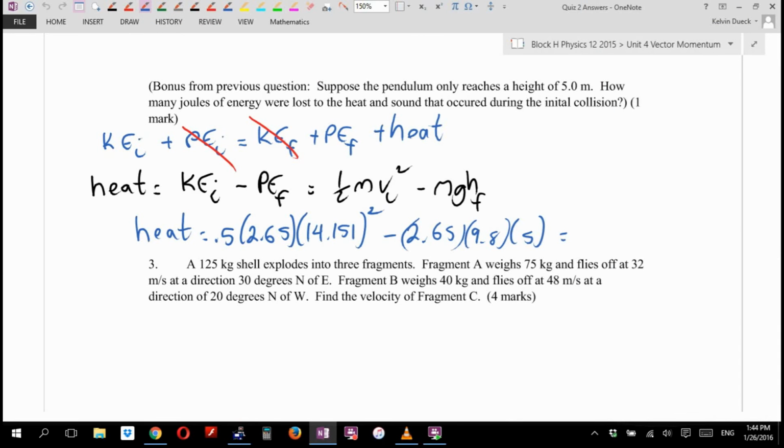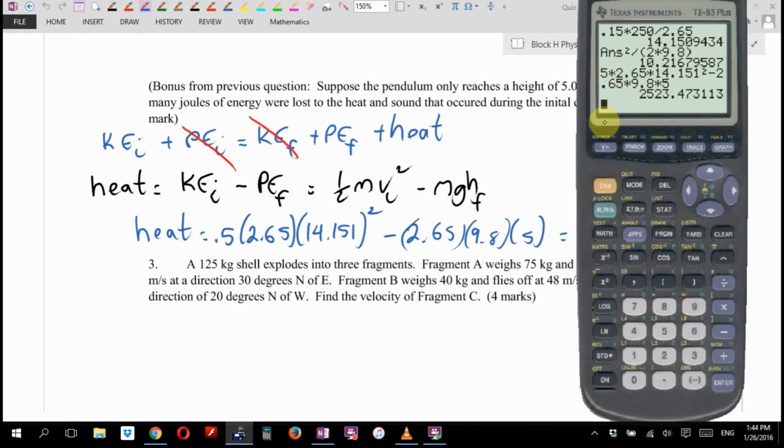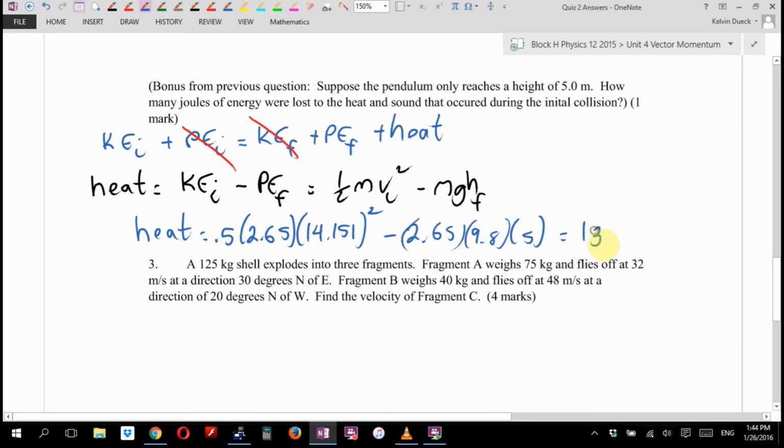Is that on your calculator? Oh, did I type it wrong? That's a good question. Thank you. See it? That'll make a difference by a factor of a chunk. How about 135 joules? Yep. Thank you, because that number also seemed terribly large to me. I was going, that's a lot of heat.